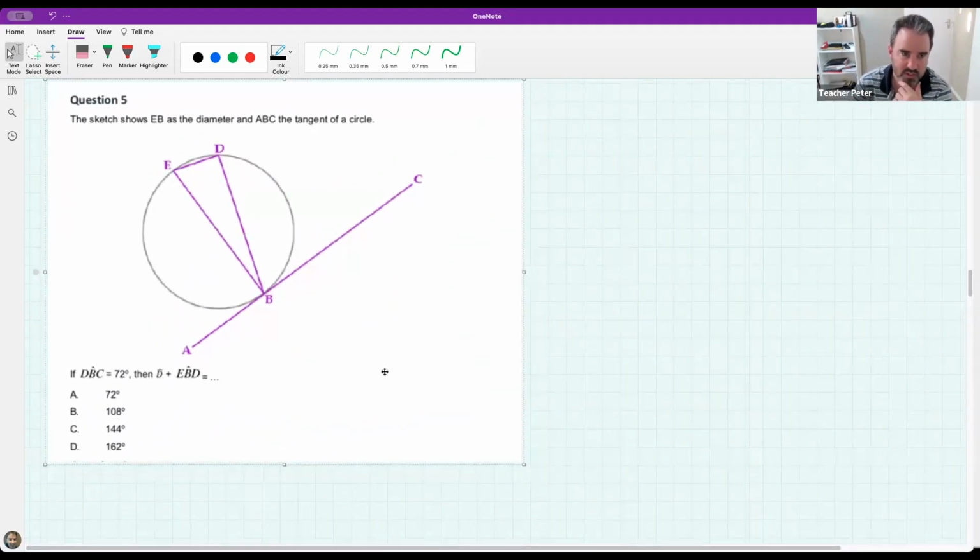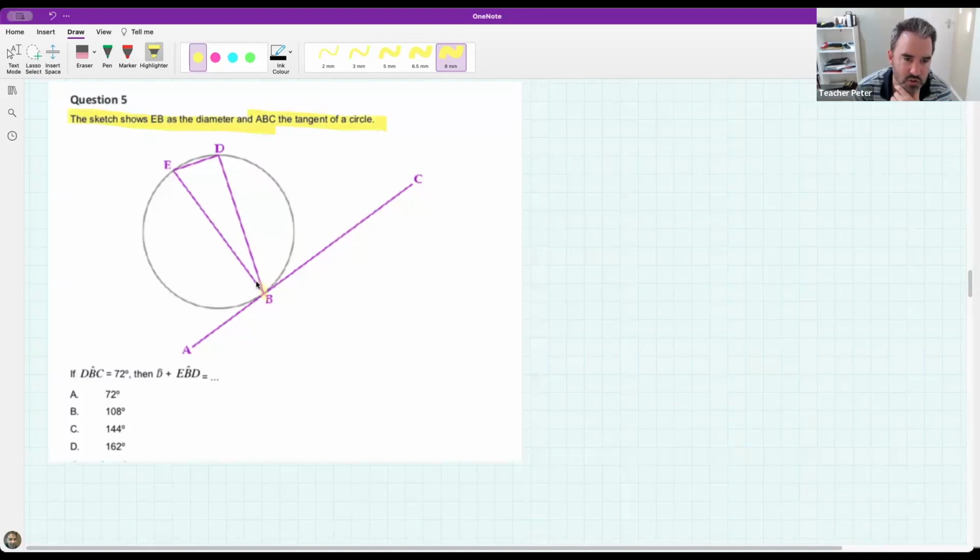The sketch shows EB, the diameter, and ABC, the tangent to the circle. So we've got the diameter, and then we've got a tangent. If DBC, now where is DBC?